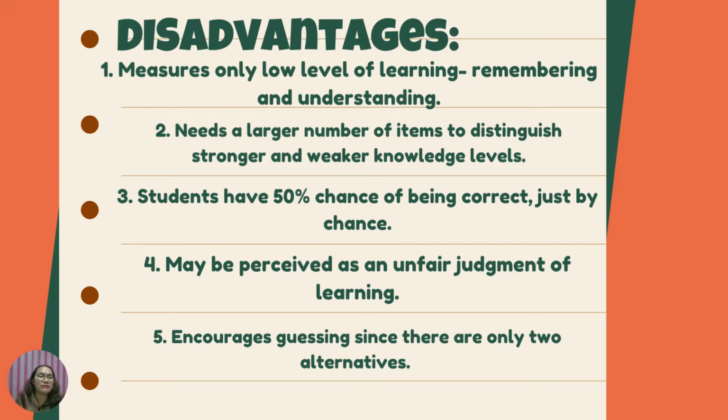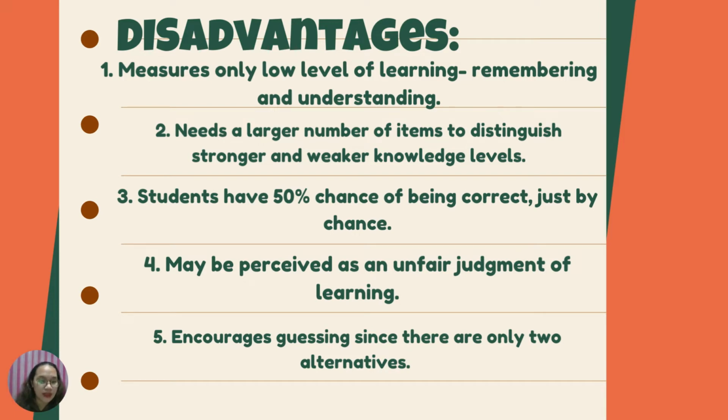Right? And then number 4, may be perceived as an unfair judgment of learning. So in this one, just like what I have mentioned, the students can guess the answer if they don't have an idea about the question.